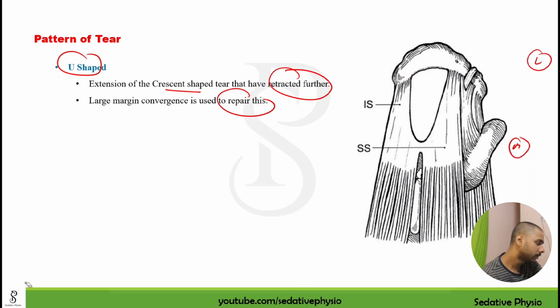For the surgical repair of this tear, the surgeon has to pull all this margin and stitch it here so that the repair can occur. This is retracted very far away from the point of attachment. That's why large margin convergence is used, and in this condition muscle tension gives some complications, right?